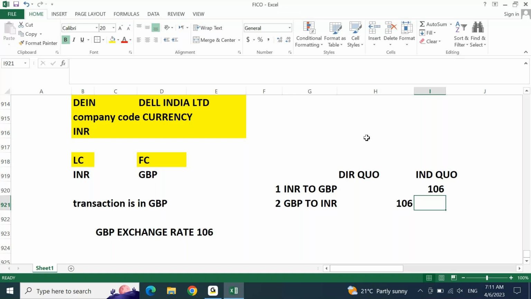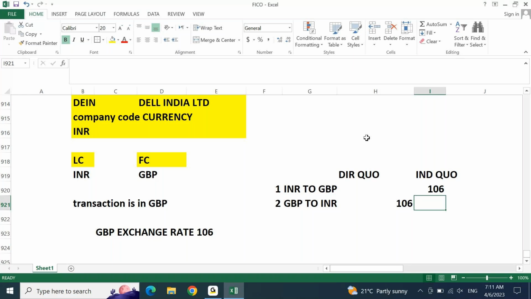Then I'll show you converting the number. I'll put both screens side by side, the exchange rate screen and the exchange rate simulation screen. We will maintain the exchange rate and then test it. You will come to know what the system is doing if you put direct, and what it is doing if you put indirect. Clear?